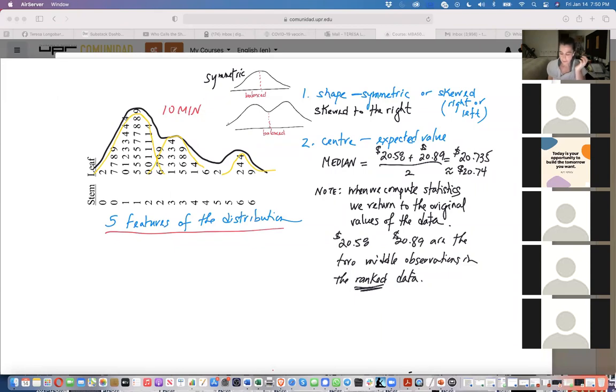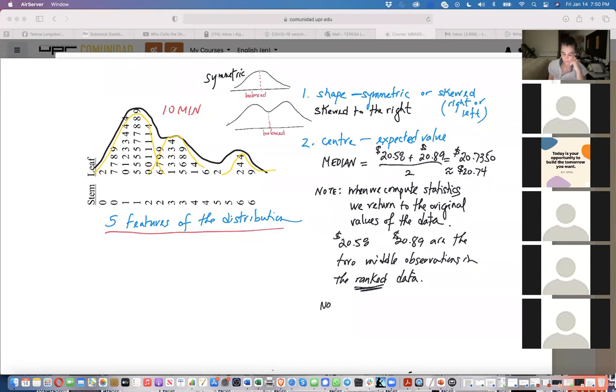So we round to 20.74. In general, I tell the students to keep 2 more decimal places than the original values. So you could keep as many as 4. That's a rule that I use throughout my notes so you can follow along.